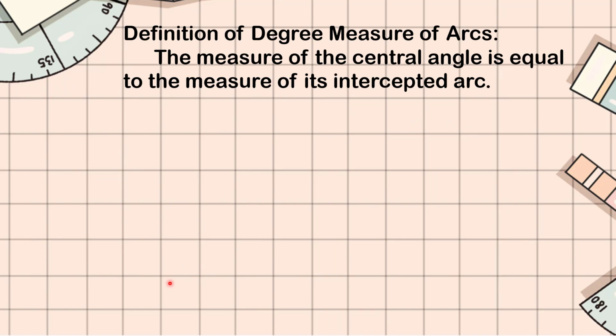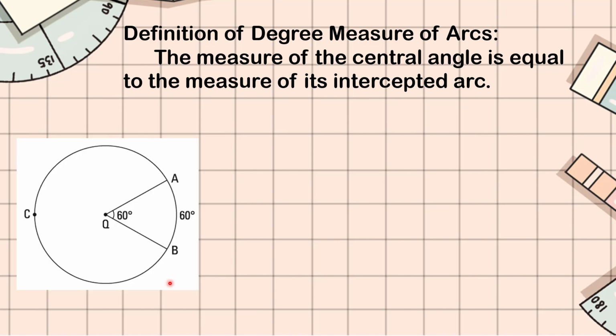Let's have the definition of degree measure of arcs. It says that the measure of the central angle is equal to the measure of its intercepted arc. So let's have an example. In this figure, the central angle is angle AQB. So this is our central angle.